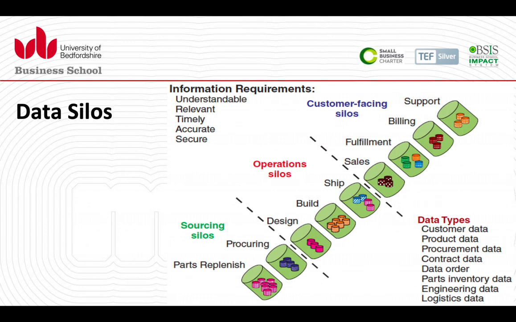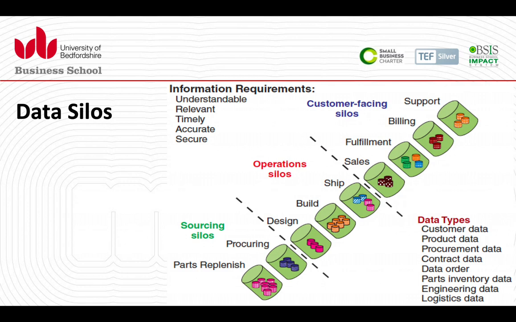For example, we have data coming from customer-facing silos. There are different forms of data to be collected: payment, billing, invoices, customer support, after-sales support, technical support. Then we have operation silos, which design, then transport or deliver, design, then build and develop, and then do the supply to the end customer.